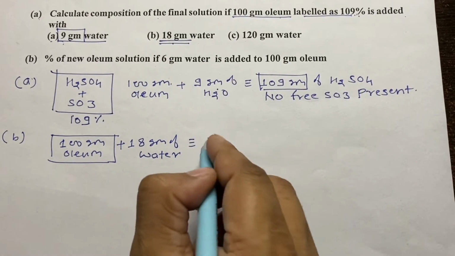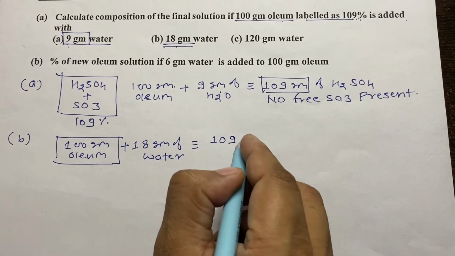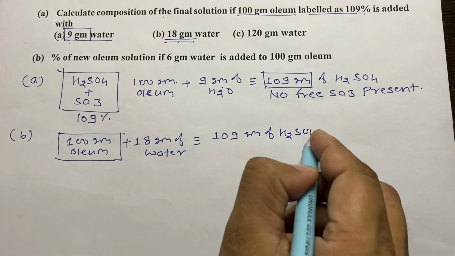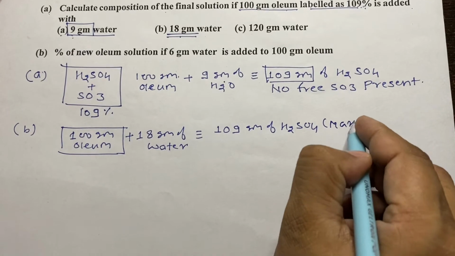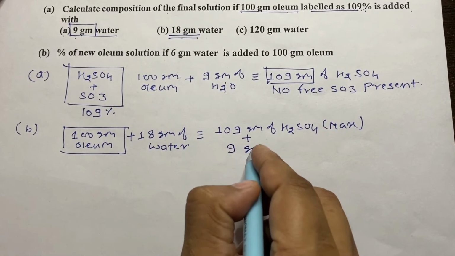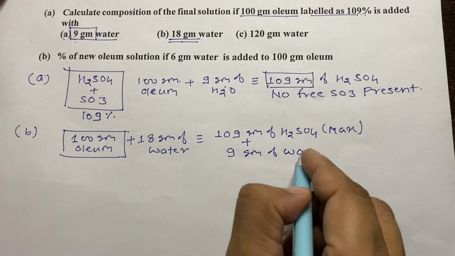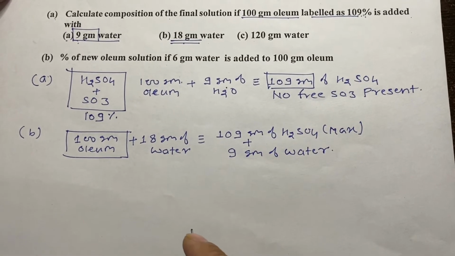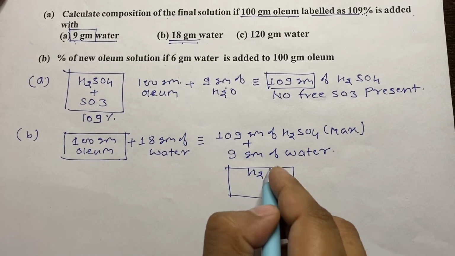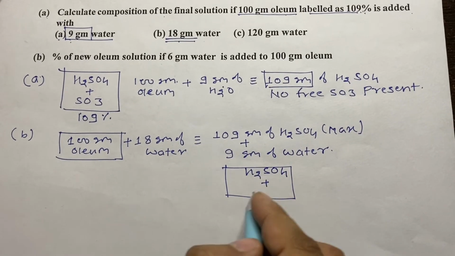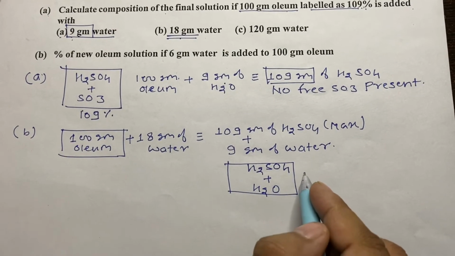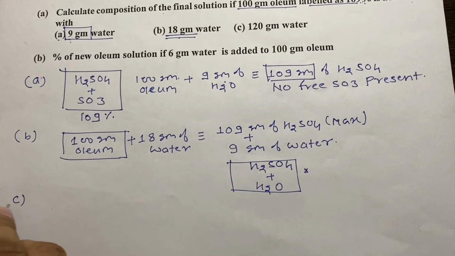So definitely 109 gram of H2SO4 maximum will be produced when no free SO3 is left, and extra 9 gram of water will remain. So in the final solution, H2SO4 and H2O will be present, and to be noted that this sample is not oleum.